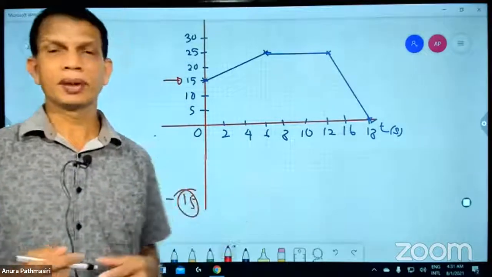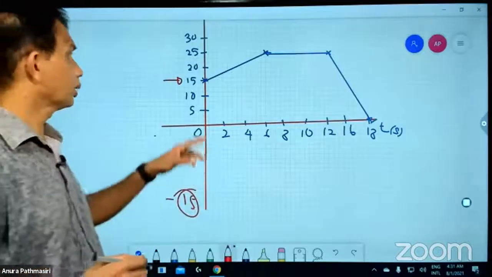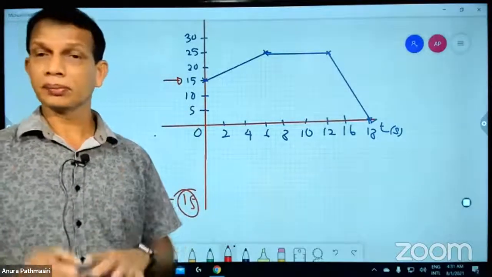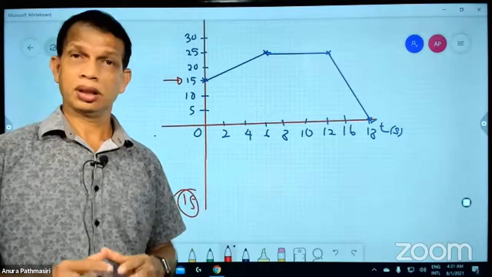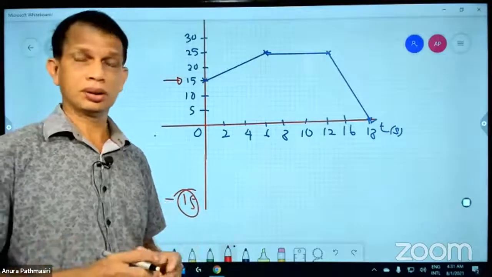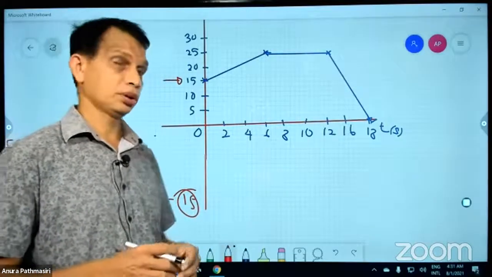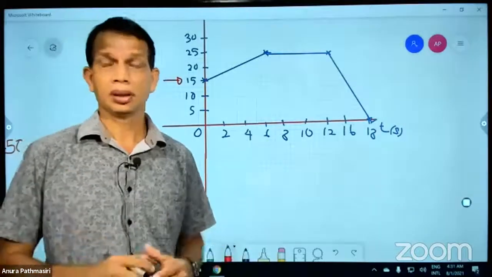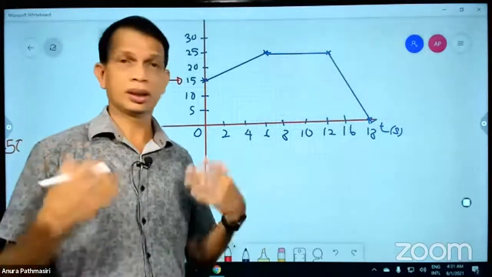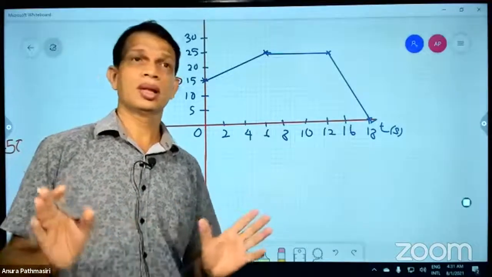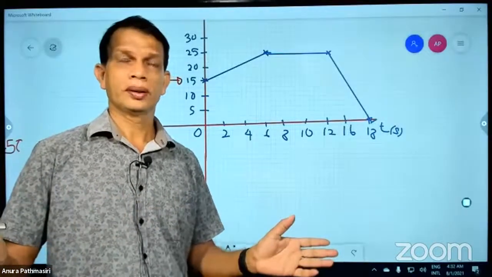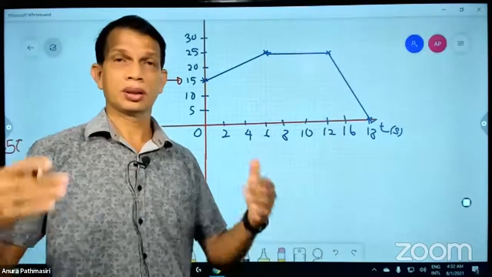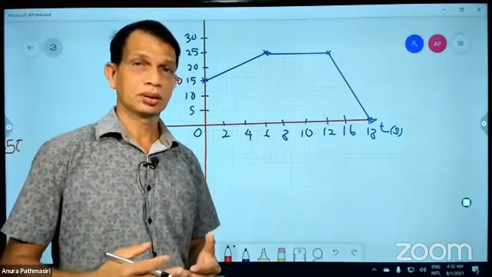What is the initial velocity? I told you that if you are joining with me the revision class, definitely you have to answer my question. If you are coming just to see and observe what's happening here, this is not a drama for you to enjoy and then go, right? You can see a drama on the stage.